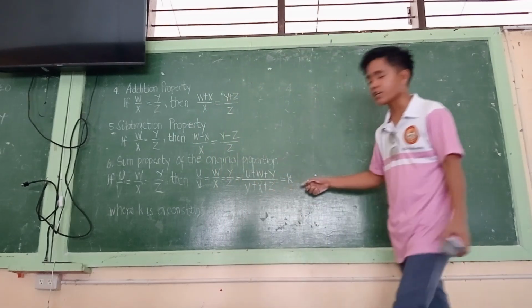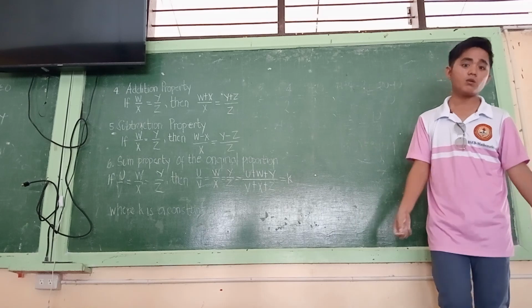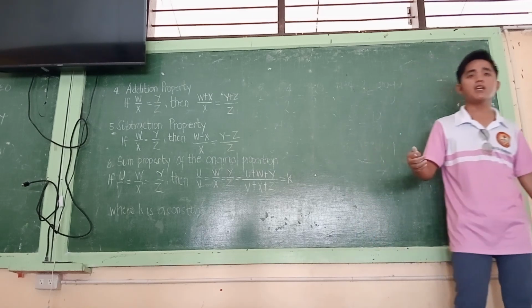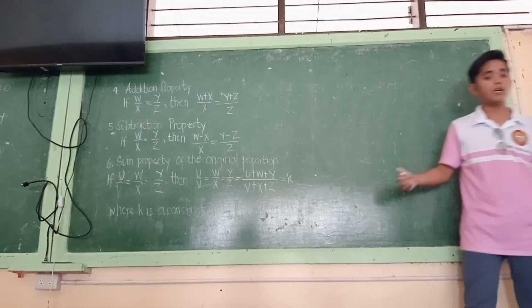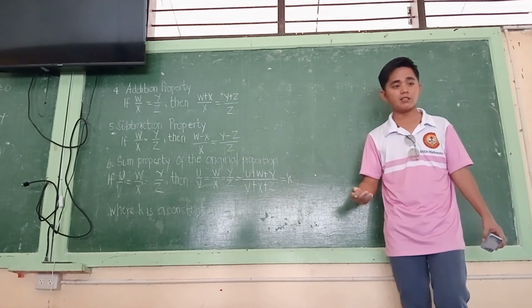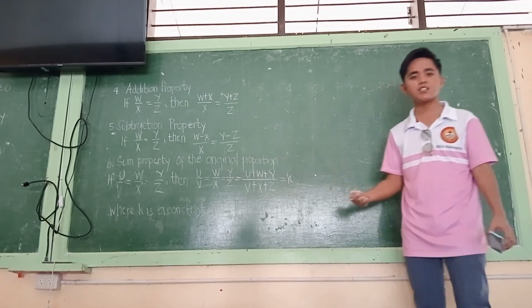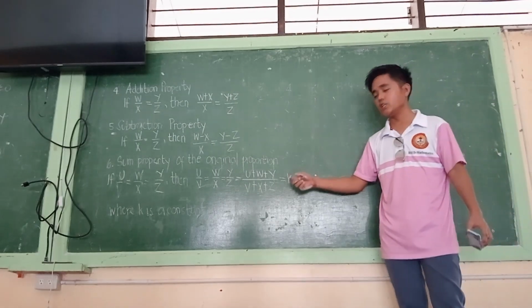What is k? In mathematics, k is always a constant, which means it is usually a number, something that stands by itself. So that is equal to k.